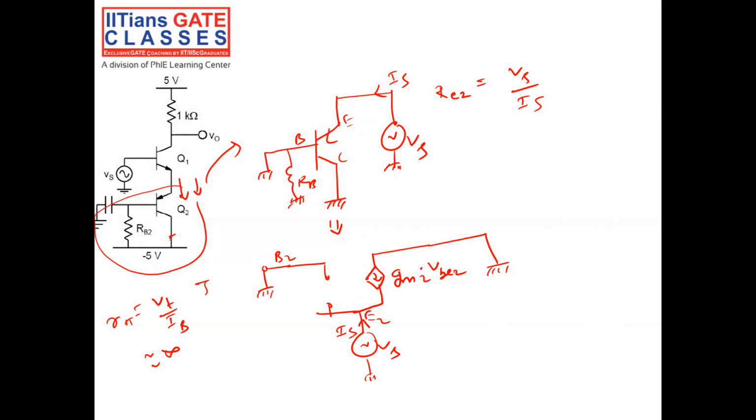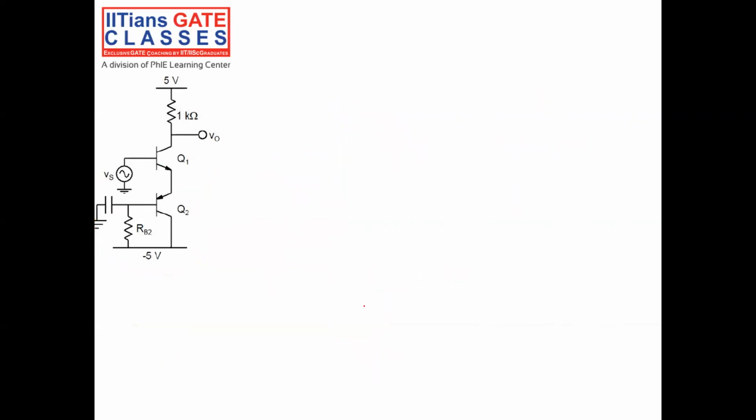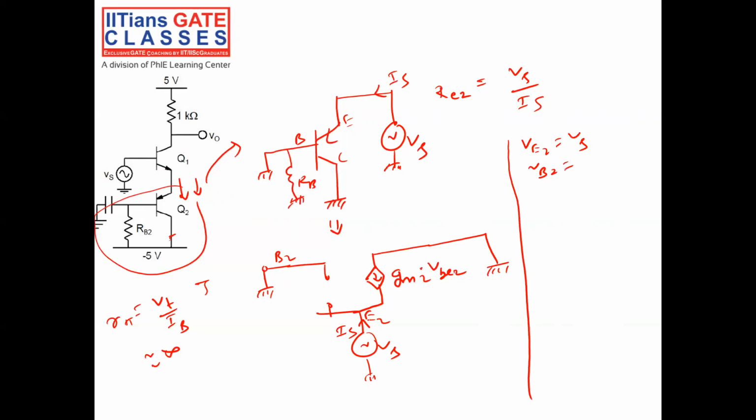Now, if I can find out Is, I can calculate Re2. So let's do that. First thing is, what is GM2 into VBE2? VE2 is nothing but my source Vs. VB2 is equal to 0, so VBE2 is equal to 0 minus Vs, which is minus Vs. Now we put a nodal equation here.